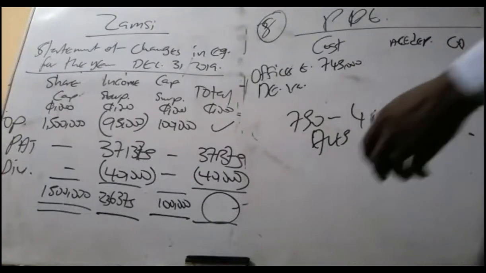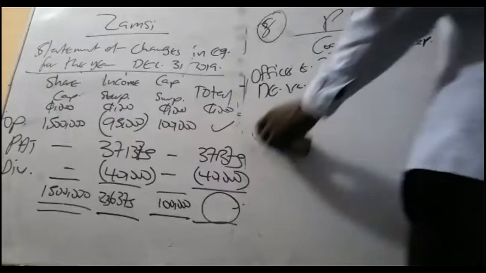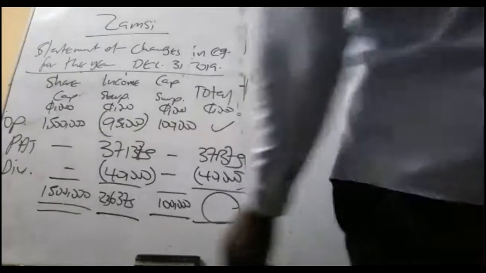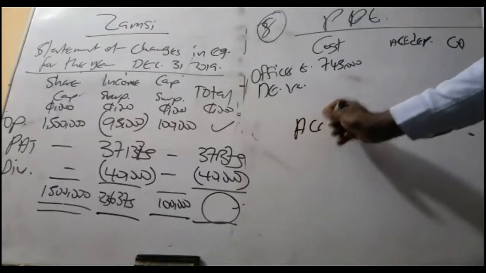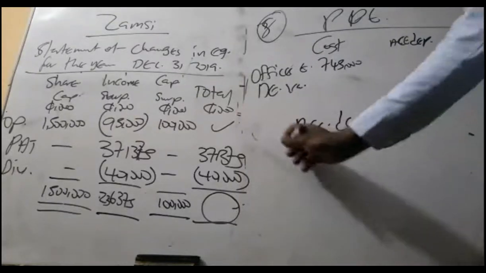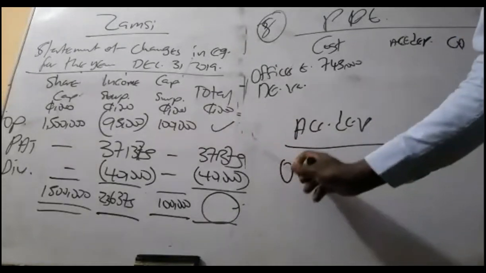Now the accumulated depreciation, this is what you do. You do a separate workings for it. That's what you call the remover. So first, to get the accumulated depreciation, first tell the examiner what's the opening balance.